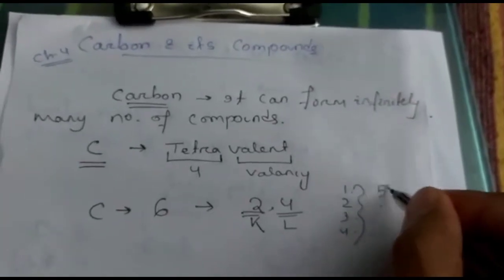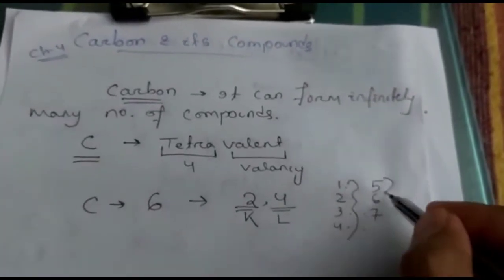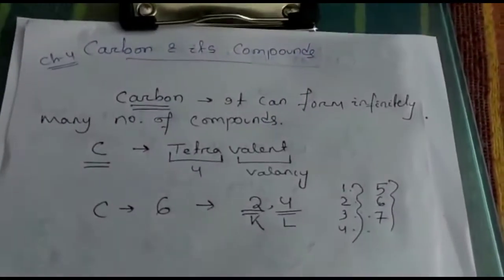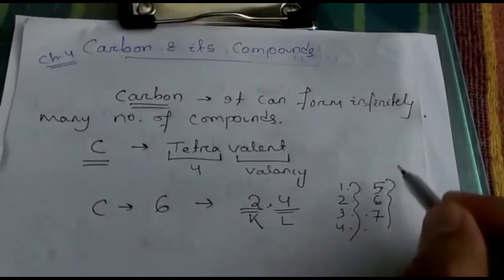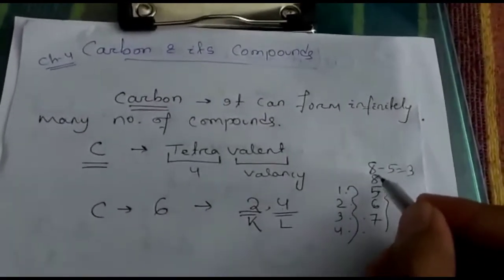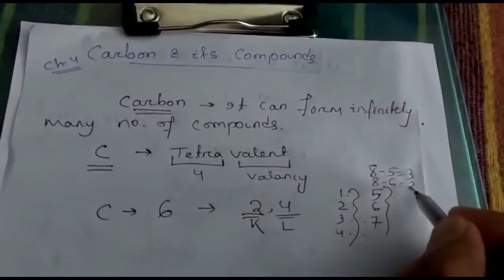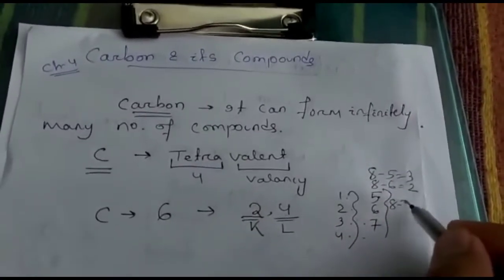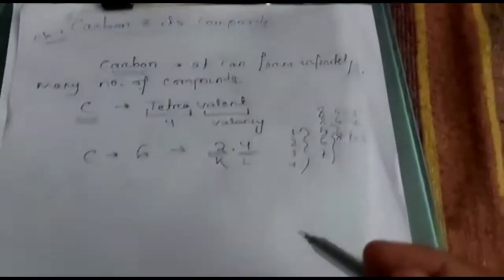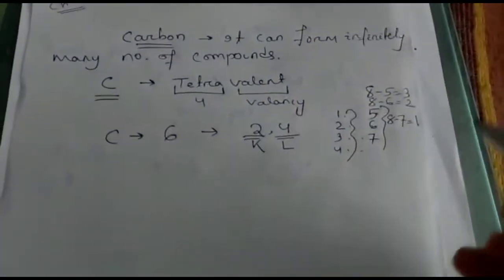But if 5, 6, 7 electrons are present, then you have to subtract the number from 8. If 5 electrons are present, then 8 minus 5, that is 3. If 6 electrons, 8 minus 6, that is 2. If 7 electrons, 8 minus 7, that is 1. This is the way to calculate the valency. In standard 9, we have already discussed this.